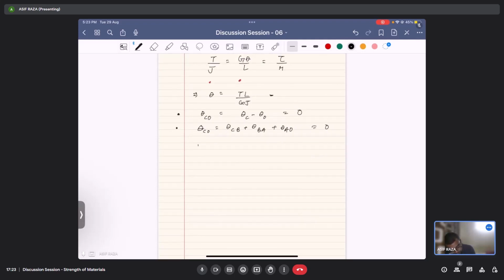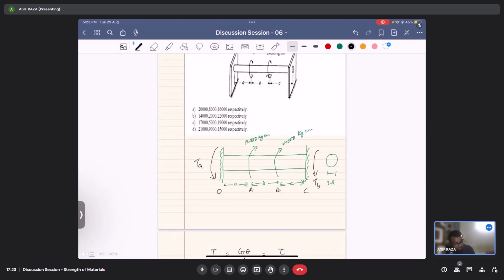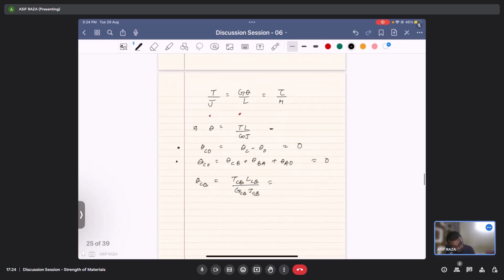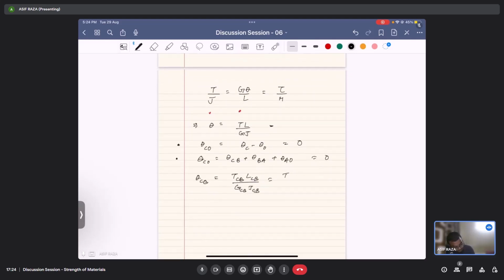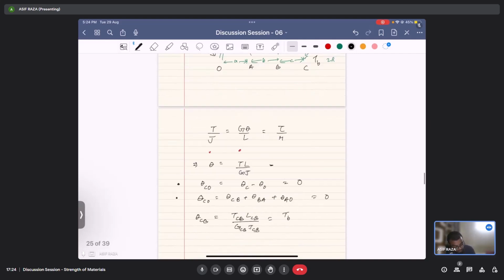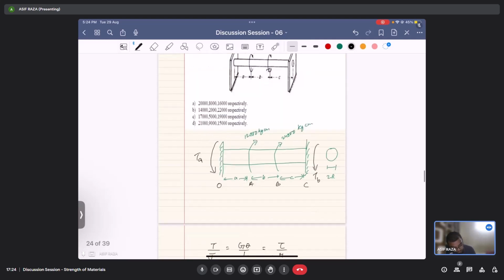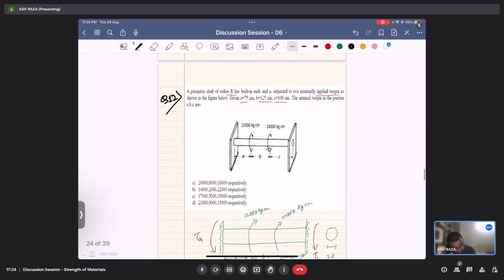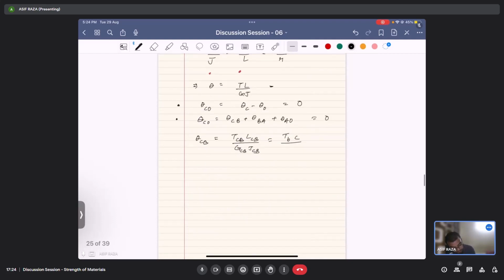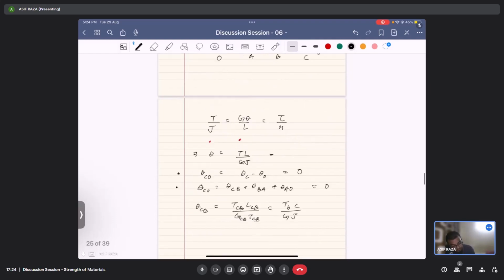Now just write theta CB with this expression. Okay, so theta CB is what? TCB LCB upon GCB JCB. Okay, and TCB is TB only. LCB is length C. J is same throughout the section, right? So we'll just write G and J only.